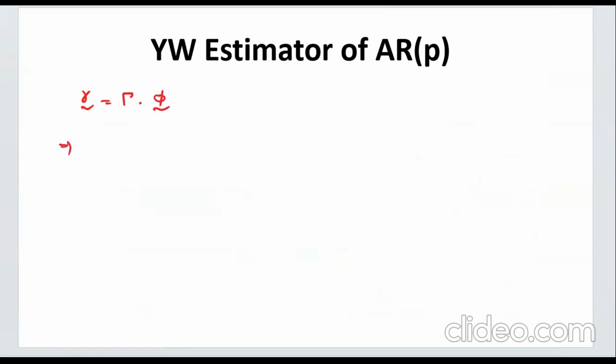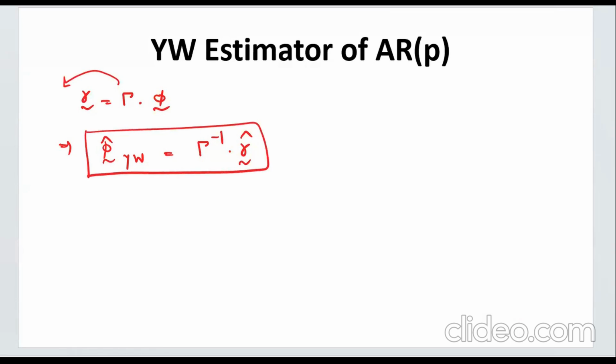This is what we have. So what can we write about phi curl? Phi curl cap Yule Walker can be written as this matrix inverse times gamma curl cap, right? This inverse will go to this side, and we will assume that this is a non-singular matrix.